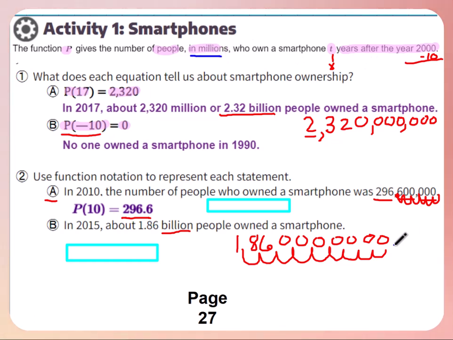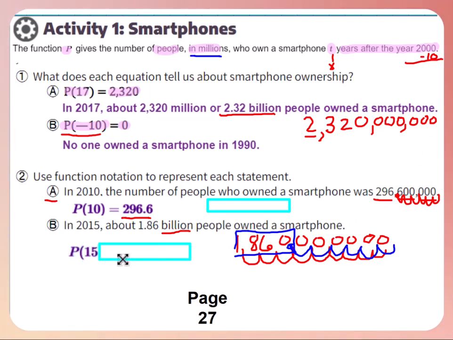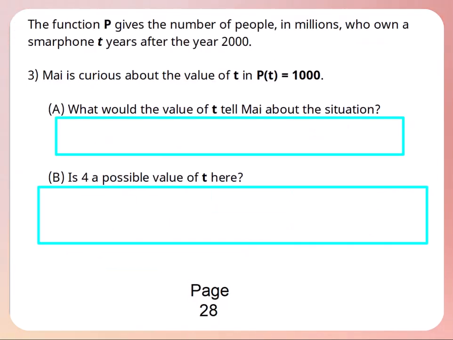So we'll start here at the end and move back 1, 2, 3, 4, 5, 6 places. So that's 1,860 million. This should be P of 15, because we're again adding 15 to 2000, equals 1,860 because we're talking about millions. Just go through this slowly, practice it, and pay attention to what the question is asking and how we're representing our answer.